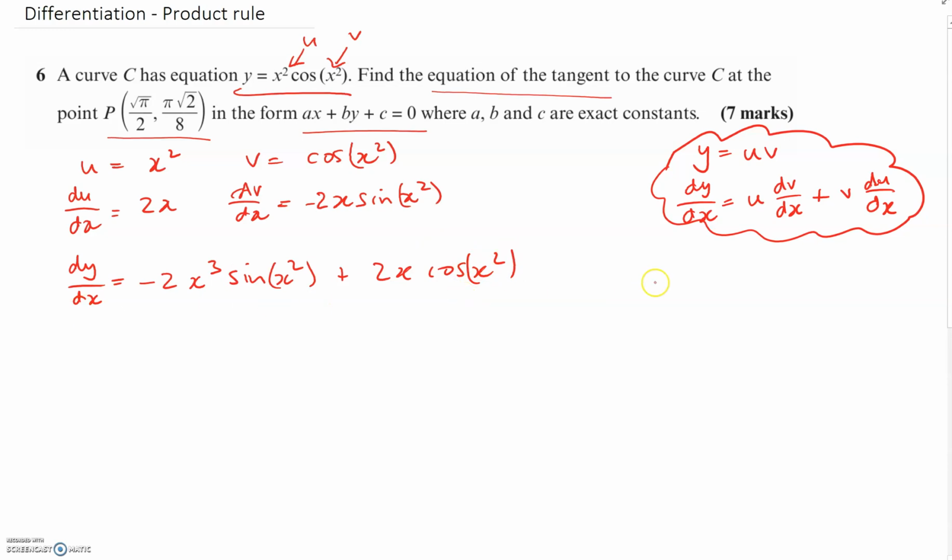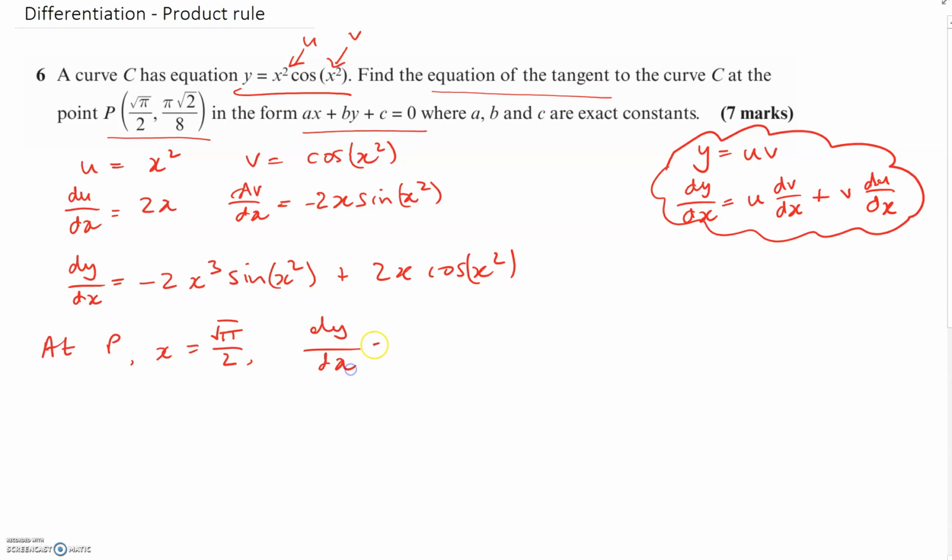So again, this is our gradient function, and we want to look at what's the gradient at the point P. So at the point P, x is root pi over 2.